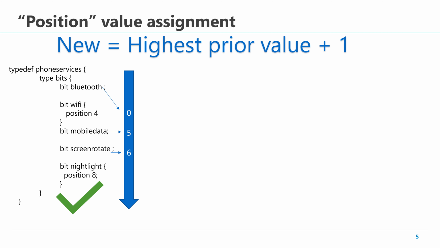After that, the Wi-Fi bit position has been explicitly assigned as 4, following which, since the mobile data does not have a specific bit position allocated, it will take the value of 5, screen rotate a value of 6, and again for night light, if the position number assigned is 8, then that will be the value taken.